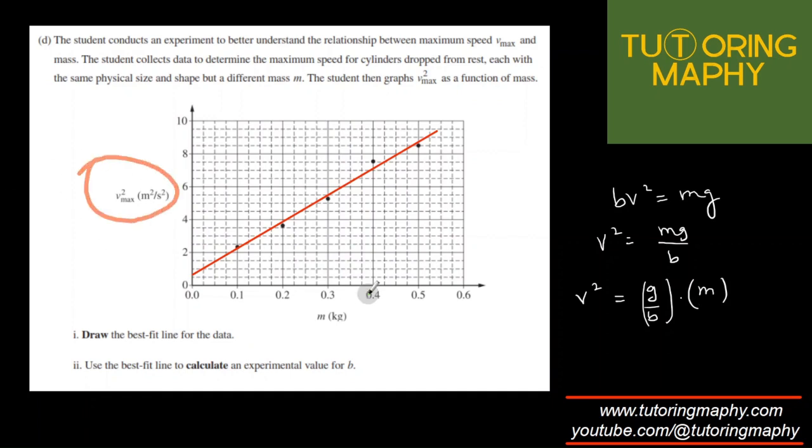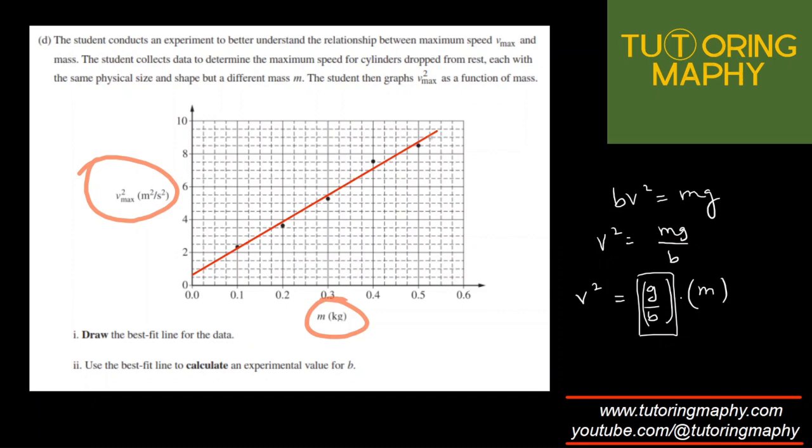Because that's what we are finding, v² versus m. So we know that the slope is g over b. So use the line of best fit to find the experimental value of it. When we write this over here, we just need to take two nice and cozy points so that we can find the slope.